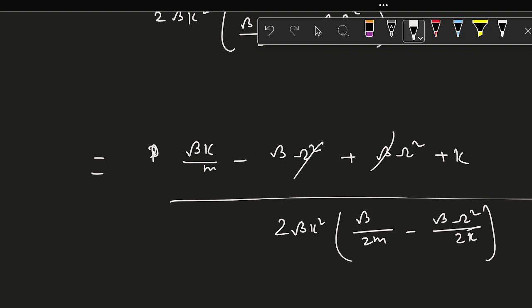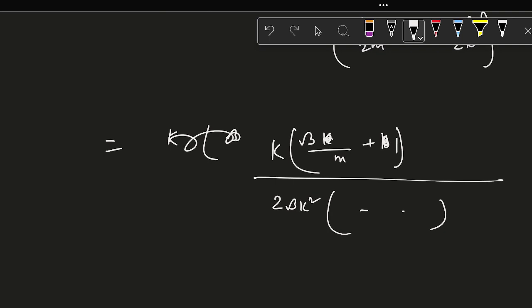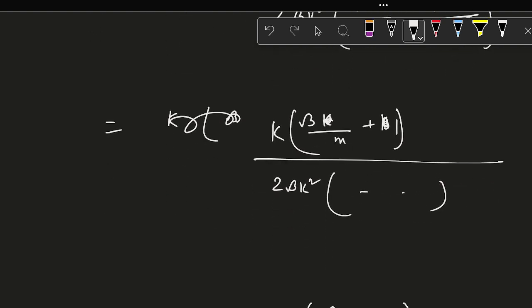This k and k cancel out, so you just have 1 by 2 beta k times beta by m plus 1 divided by beta by twice m minus beta omega squared by twice k. This is the whole thing. So now you have got the answer for Lx squared average.